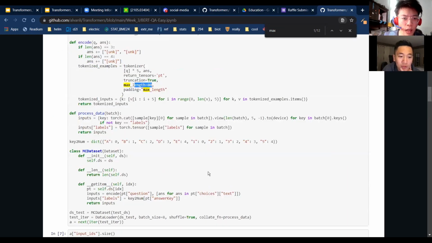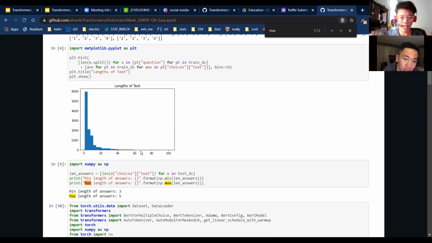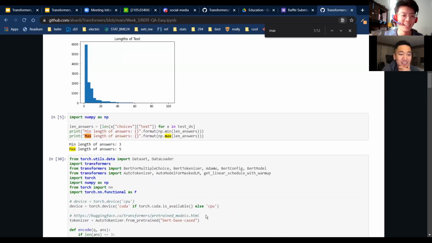Actually, let's roll back. Sorry, 80 as in all 5 answers added together have a total length of 80, so each one would not have a very large number of words. I did that because my computer doesn't have enough space for training a larger number of words.